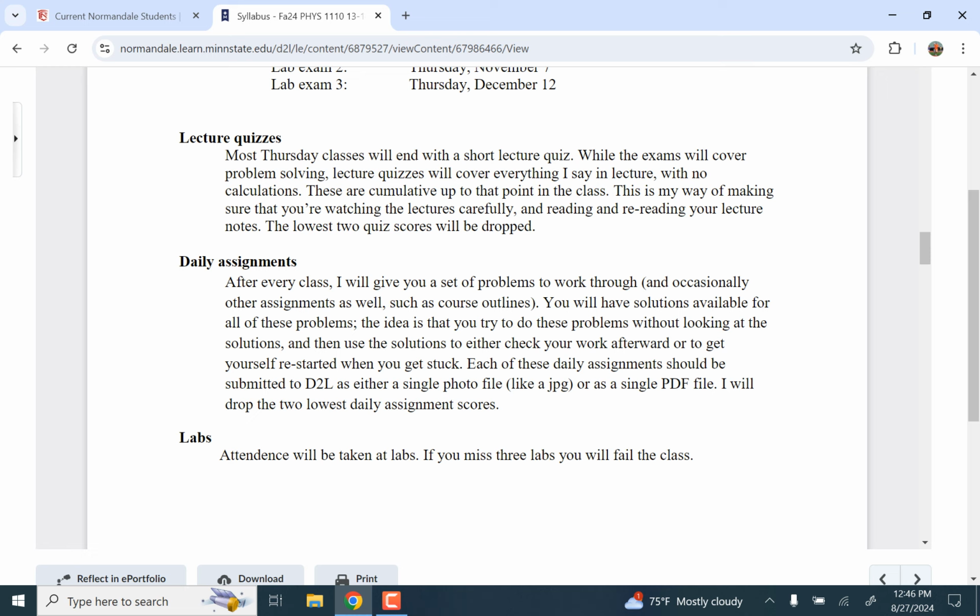There will probably be somewhere between 5 and 8 quizzes over the course of the semester. This only accounts for 5% of your grade, so each one is at most 1% of your grade. So it's not a big point thing, but it adds up to a lot.